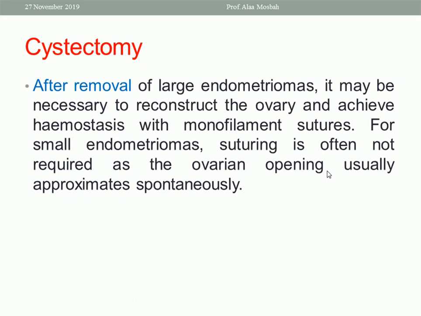So, if the endometrioma was big and the incision was big, I want to suture to close this defect and achieve hemostasis using monofilament sutures. But if the ovarian endometrioma was small, this small opening will heal spontaneously. Approximation will happen spontaneously without any suturing. So you leave it for spontaneous approximation and healing.